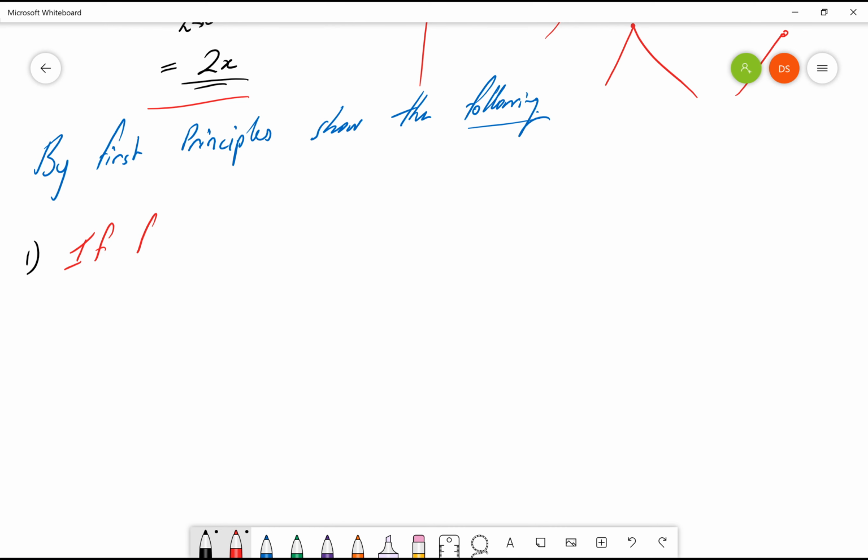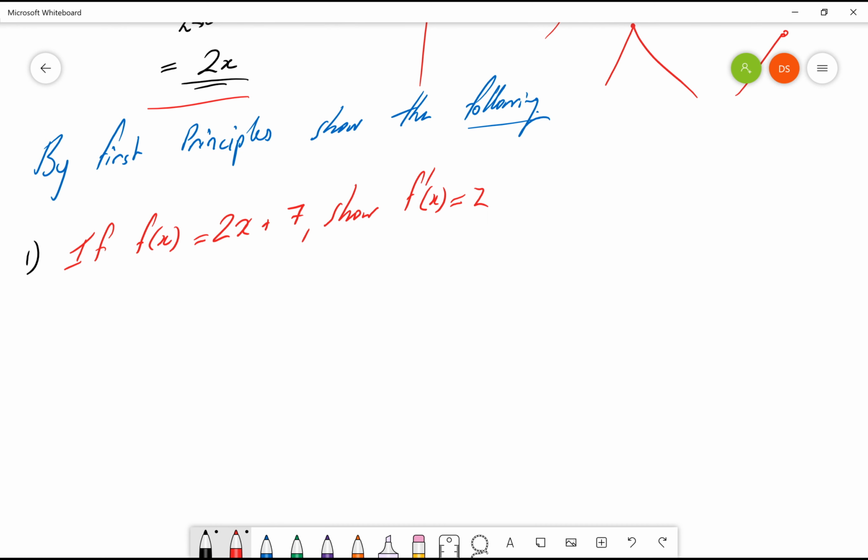f of x equals, should be in black, I don't know why it's in red. If f of x is equal to 2x plus 7, show f dash of x is equal to 2.